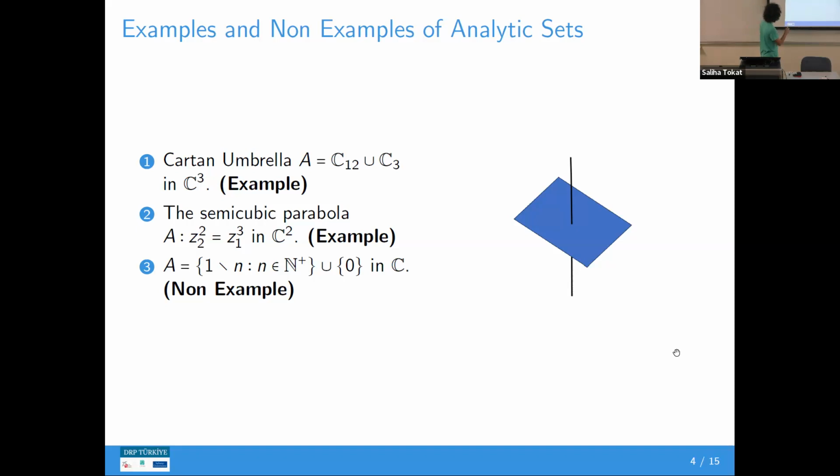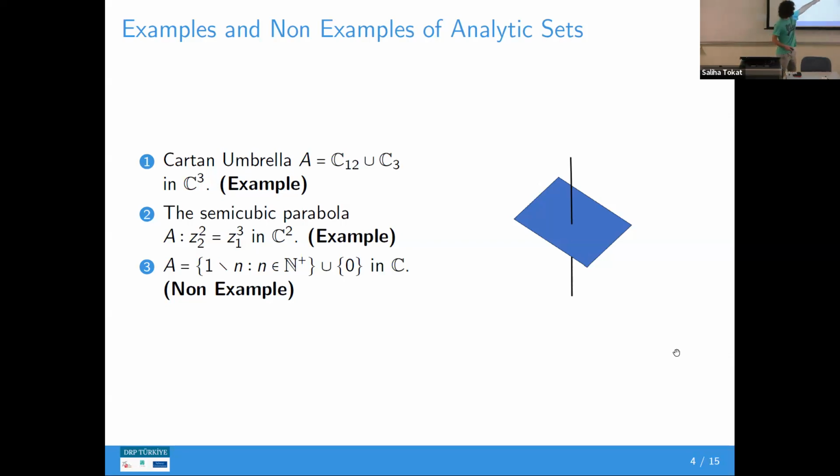And the third one is a non-example. We are taking the set A. This is the set of 1 over n's, and we are adding 0 to this set. Why is this a non-example? Take point 0, take a neighborhood around it, and let's assume that we can represent it as the zero locus of finitely many holomorphic functions.